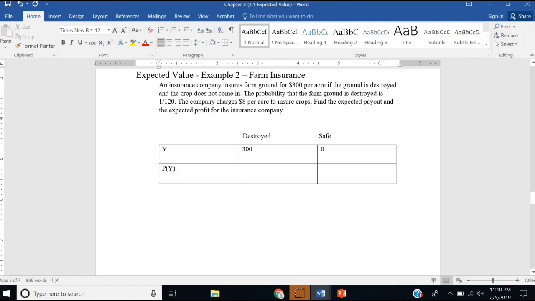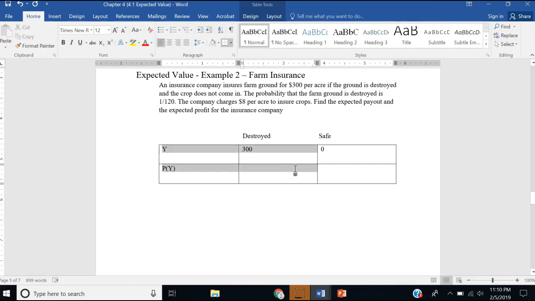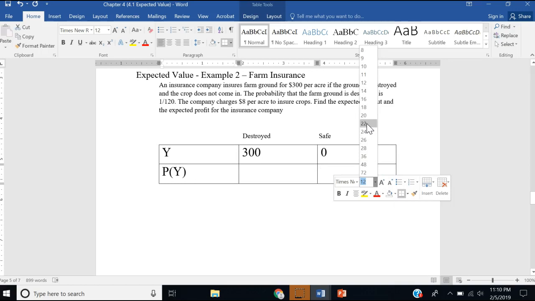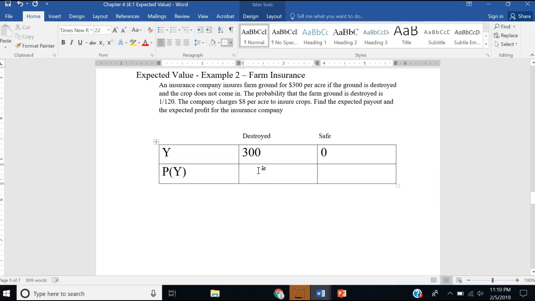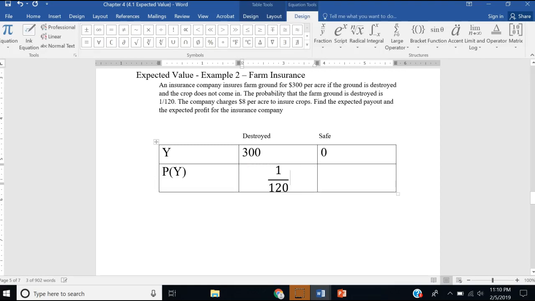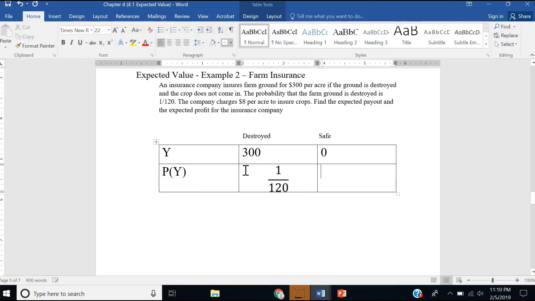If the ground is safe, that payout, meaning the amount of money that the insurance company pays out, is going to be 0. The chance that it is destroyed is 1 over 120.